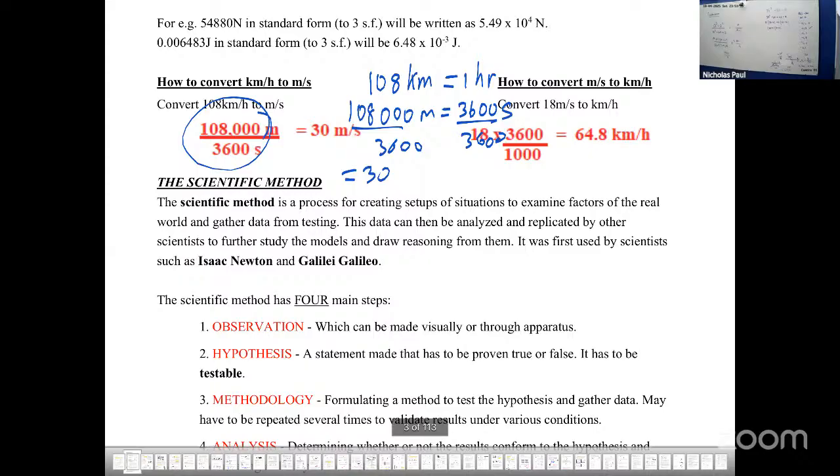Convert kilometers per hour to meters per second, and then do the reverse.